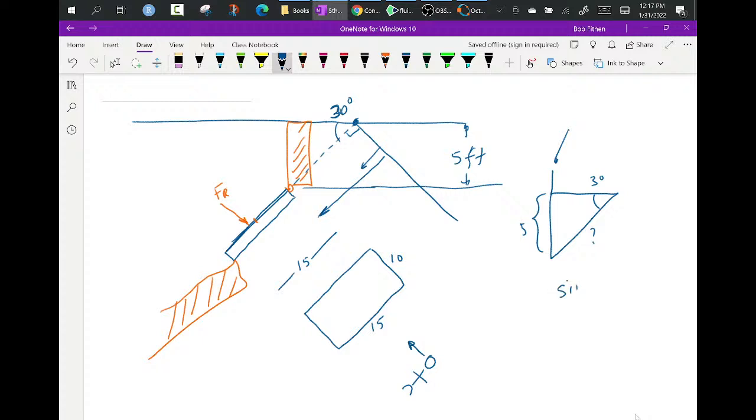Well, to me it looks like the sine of 30 is going to be equal to the 5 over the question mark. The question mark is going to be 5 underneath, sine of 30 underneath it.